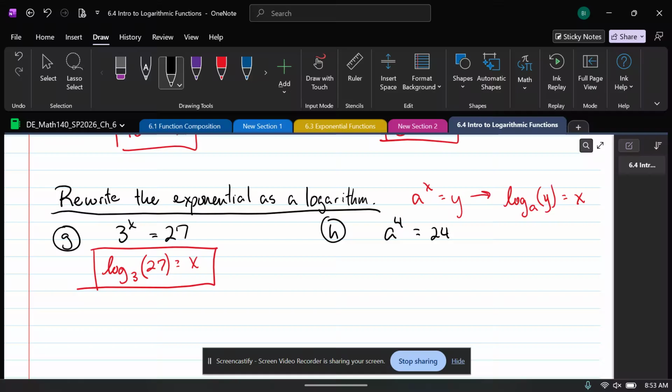All right, write that one as a logarithm. What's our log base? Yeah, log base a of equals. Very easy. Very good.